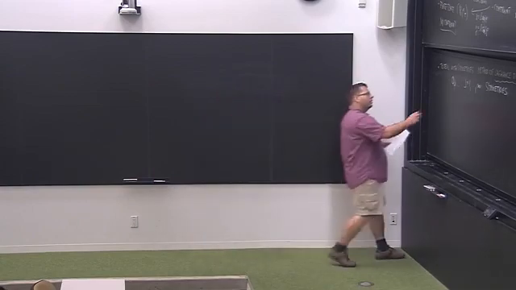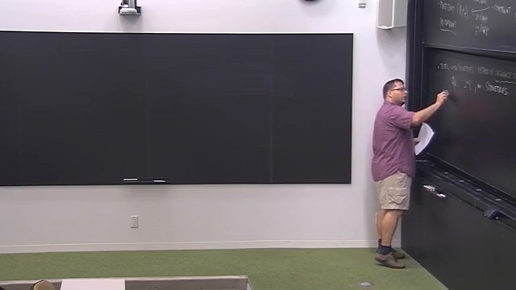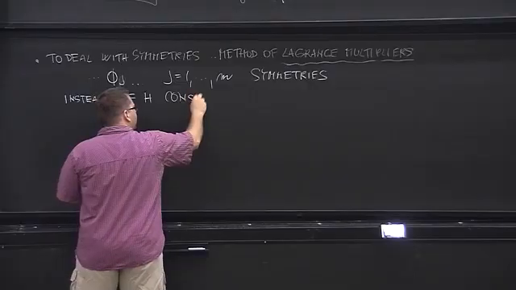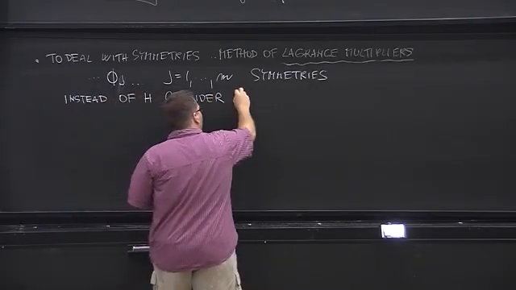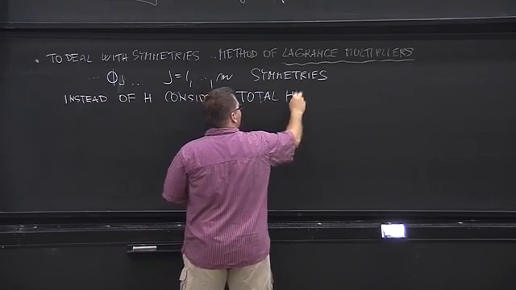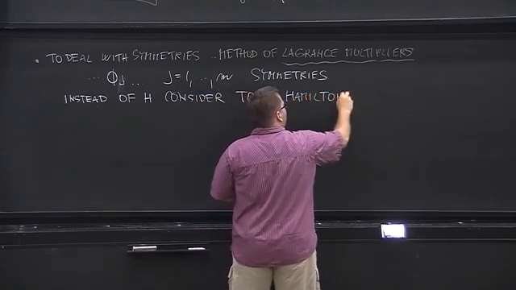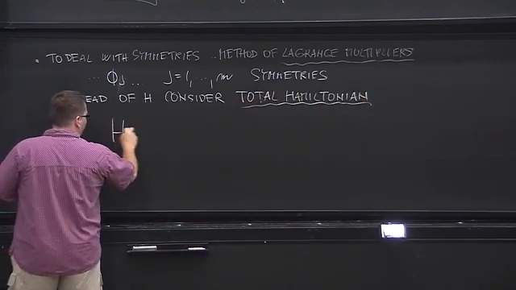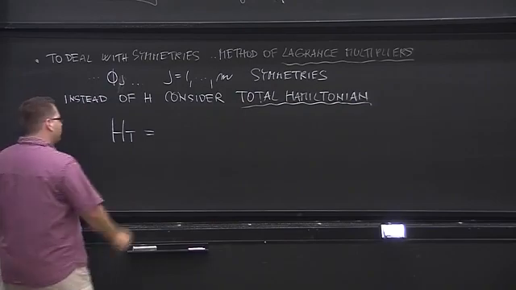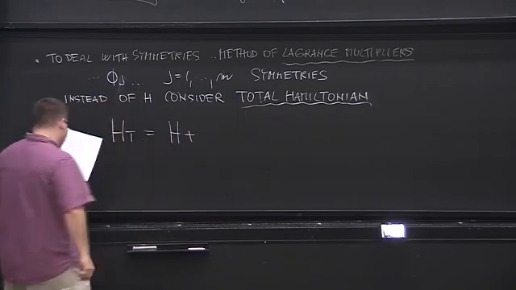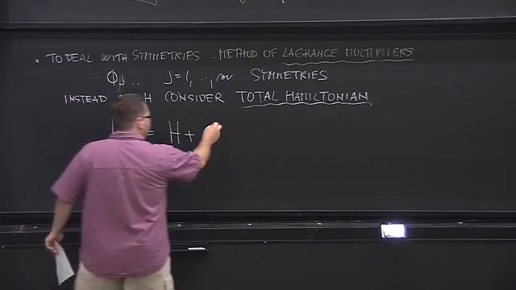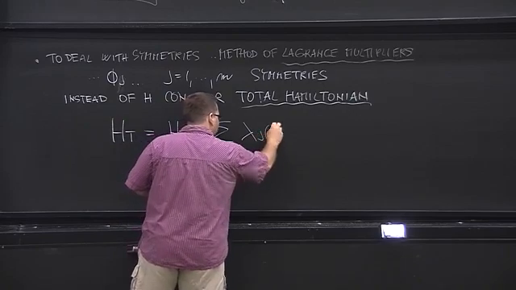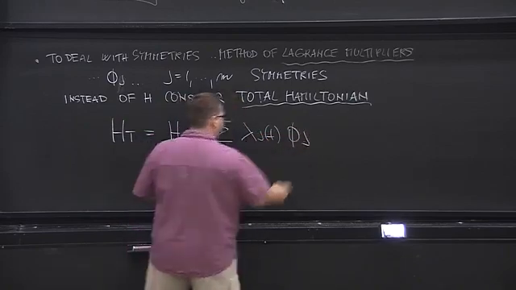So instead of H, consider now the total Hamiltonian, and it's given by whatever your original H without symmetries would be, plus you sum over j of lambda j of t times phi j.